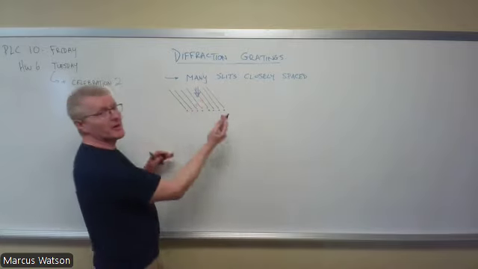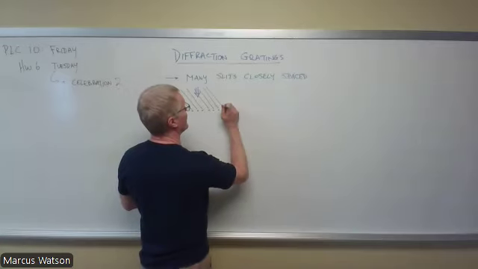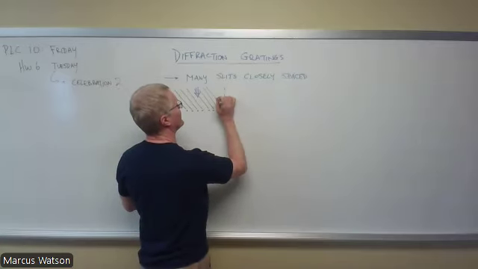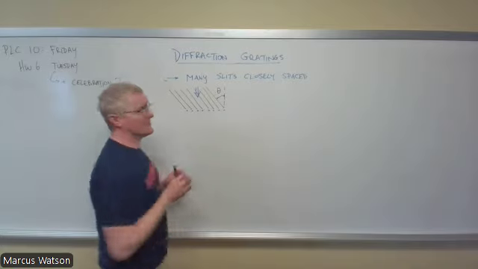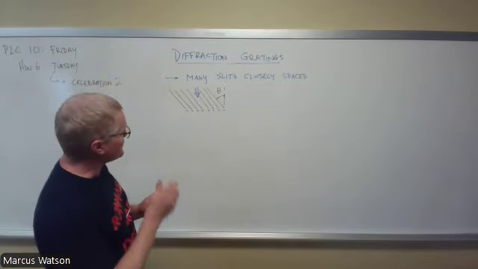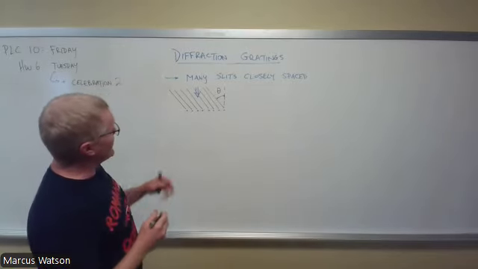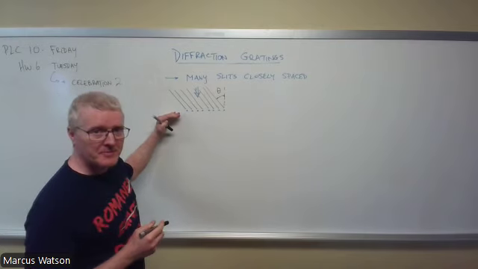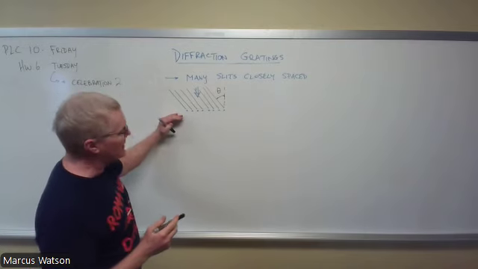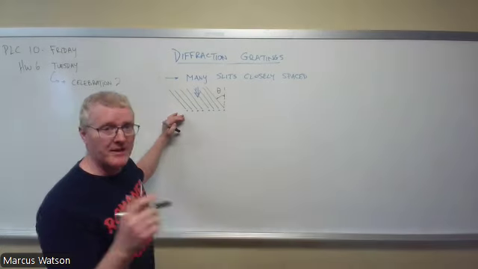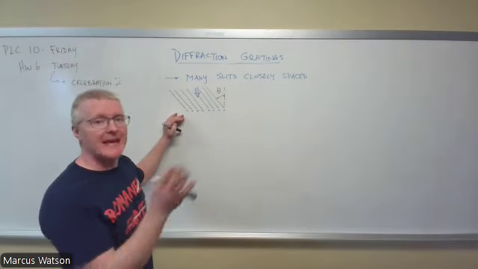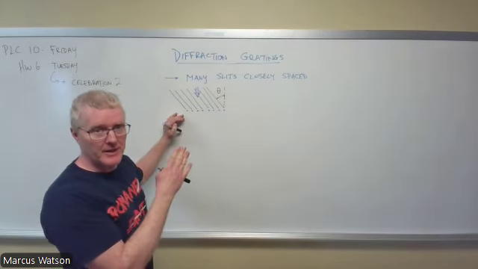Now, what happens if I go off to an angle, and this of course is our angle theta, that we want to think about path length difference between the sources. Now, for most angles in the diffraction grating, we got cancellation, okay?